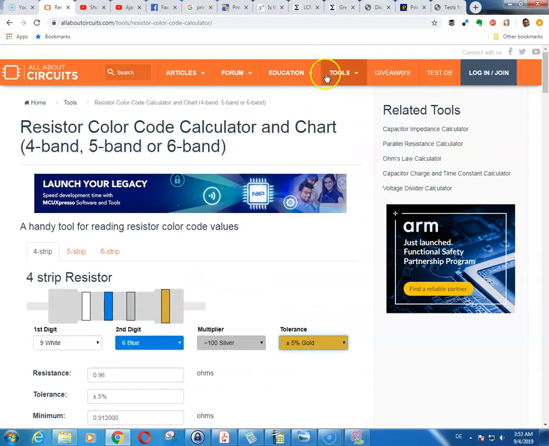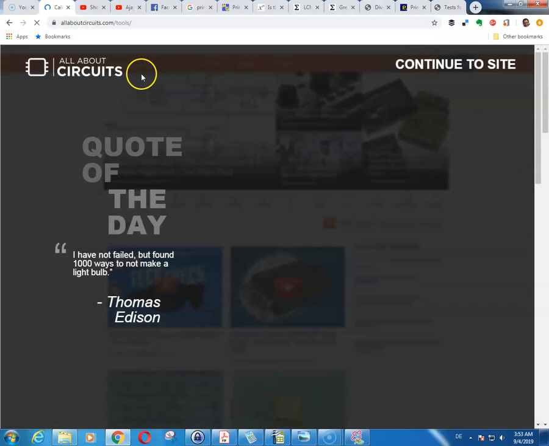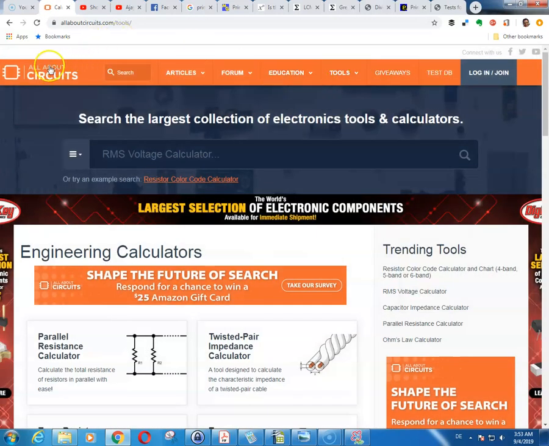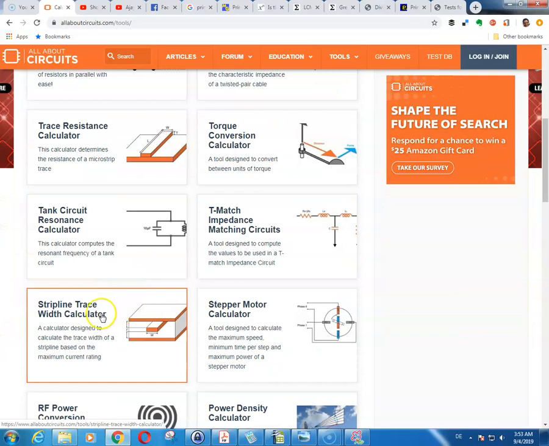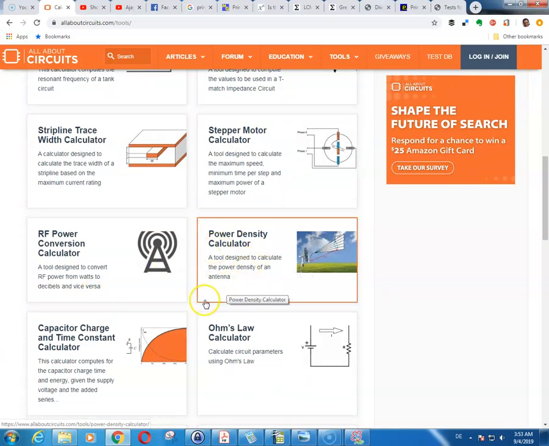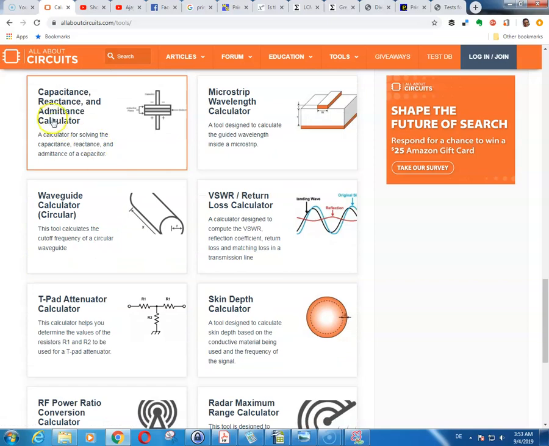For example, if you go to allaboutcircuits.com, you see over here it says parallel resistance calculator, or resistor color code calculator chart, and so on and so forth, capacitance, reactance, and admittance calculator.